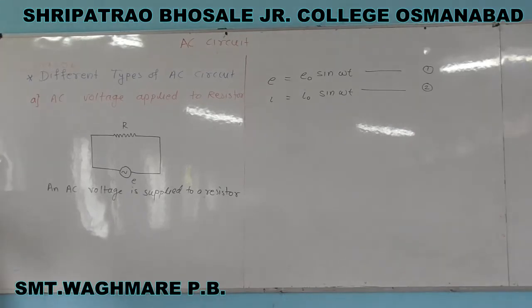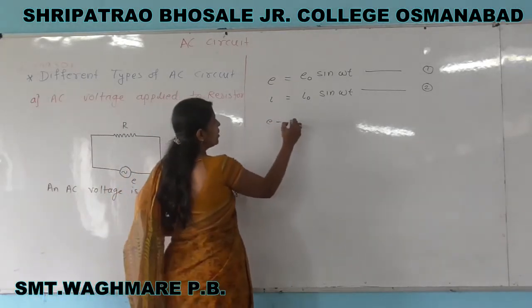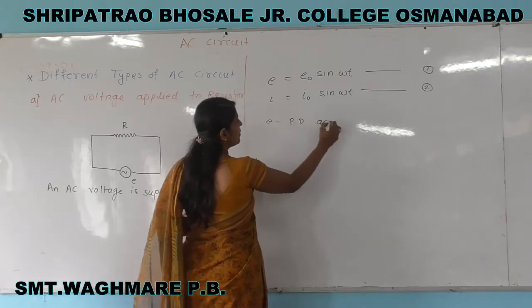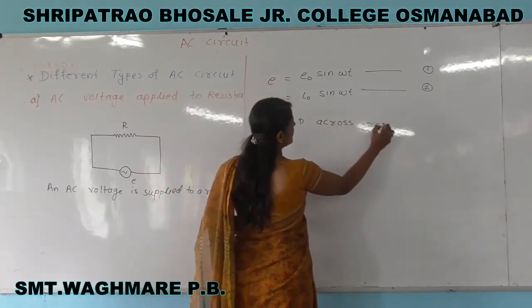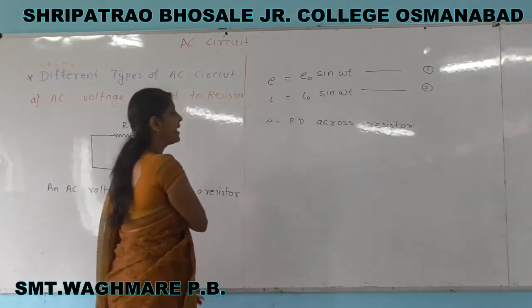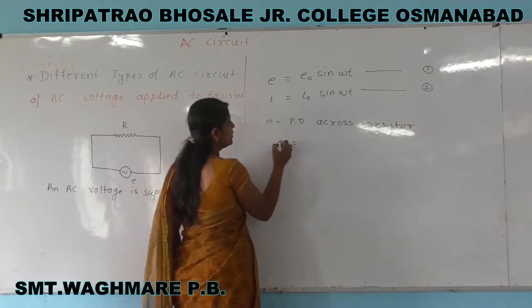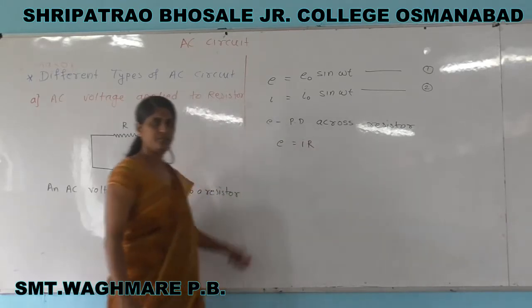Now let E be the potential drop across the resistor. Then we can write E is equal to IR.